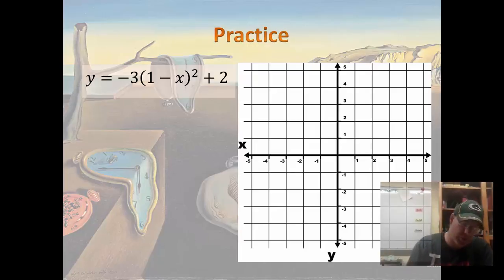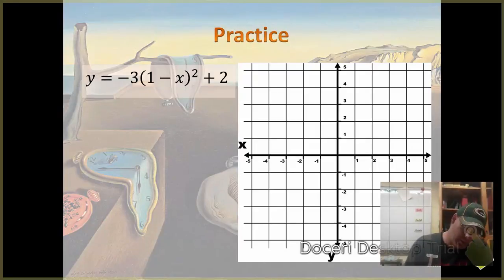Alright, again, we should rewrite this. -3 times x minus 1 squared plus 2.